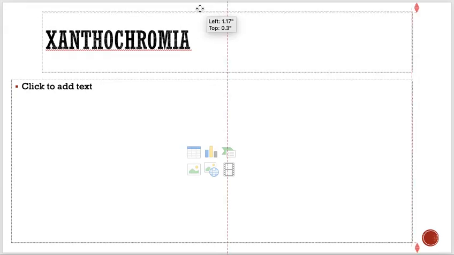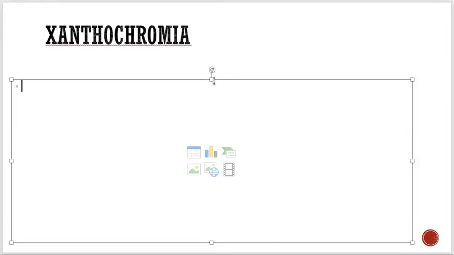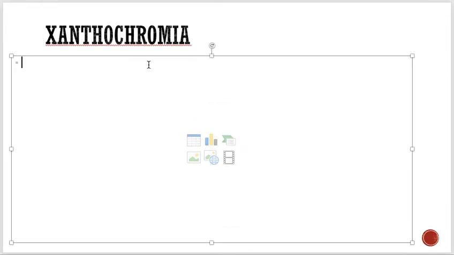So what is xanthochromia? Chromia is color, xantho means yellowish, so it is yellow discoloration. Whenever the CSF is yellowish in color, we call it xanthochromia.